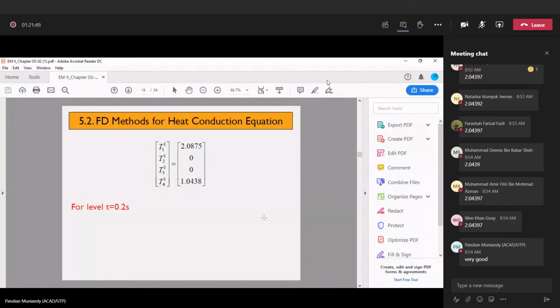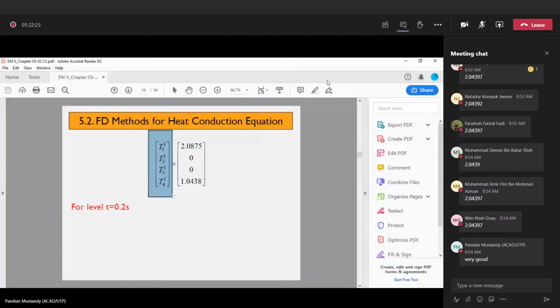T superscript 2 subscript 1. The left hand side, you fill up. You do this matrix. You write now. T superscript 2 subscript 1 is 4.08785. T superscript 2 subscript 2, answer is 0.04358. So now change. You see, change already. T subscript 2 superscript 2 is 0.04358.